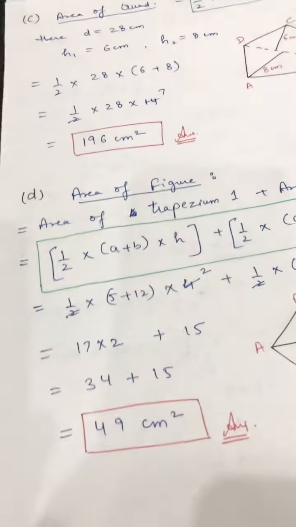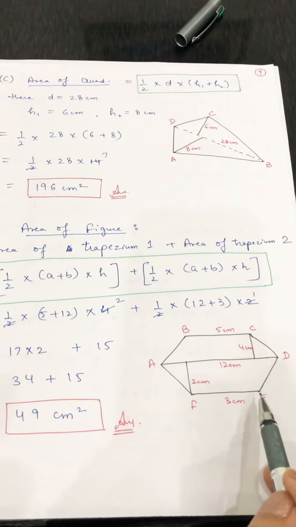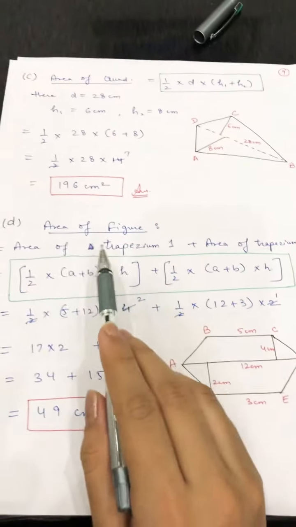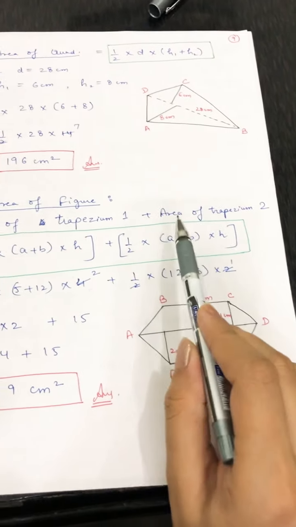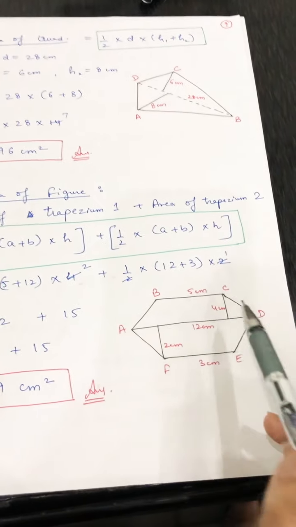Now in the part number D, this is the shape given in the book. Okay, so area of figure will be equal to area of trapezium 1 and area of trapezium 2. Two trapeziums are there.